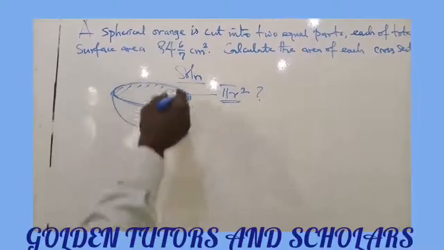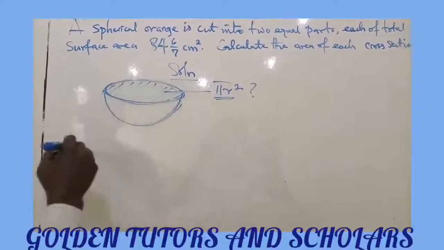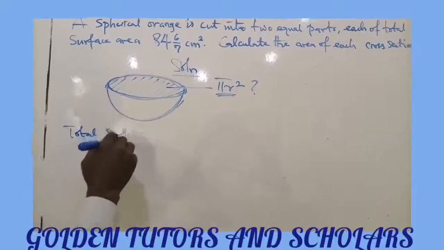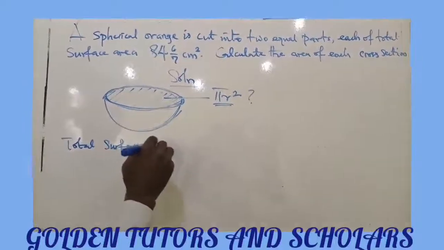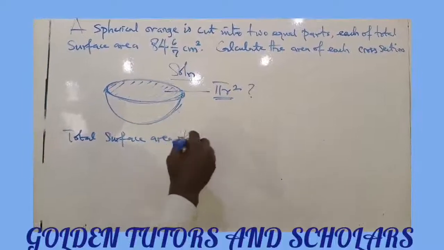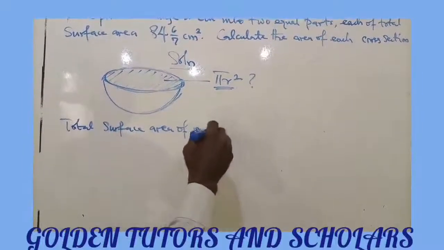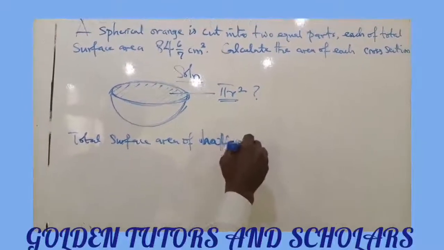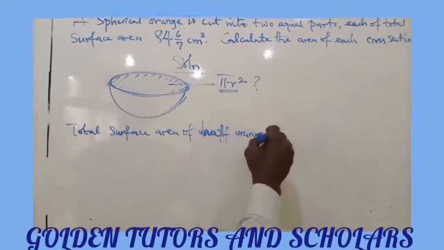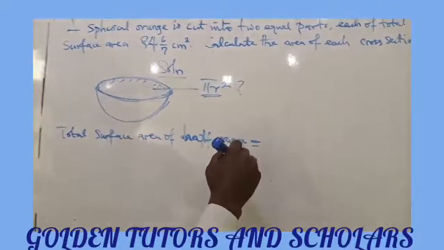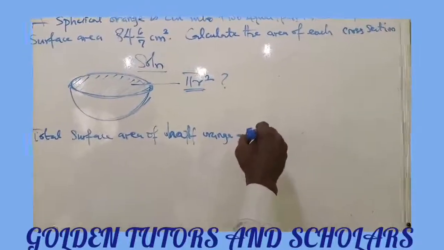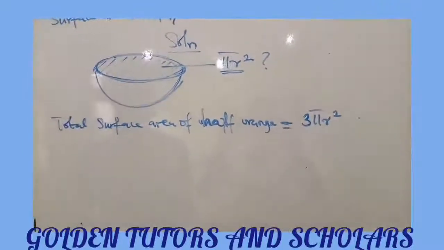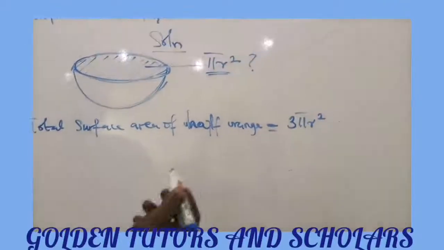Now, the total surface area of one part, let me put it as half orange, of the half orange is equal to 3 pi r squared. That's the total surface area of the half orange.